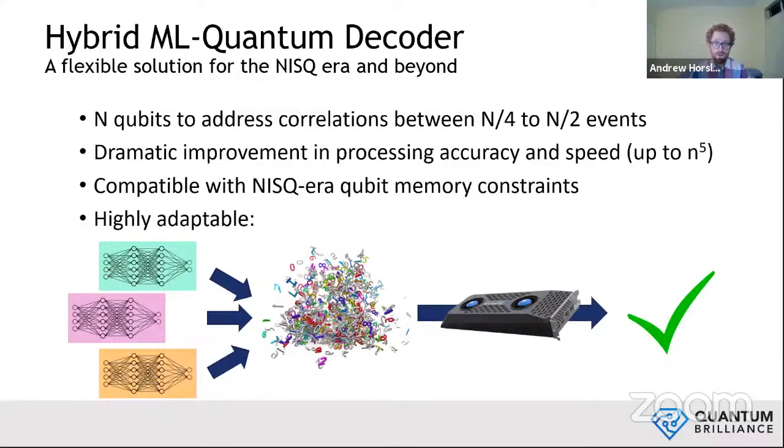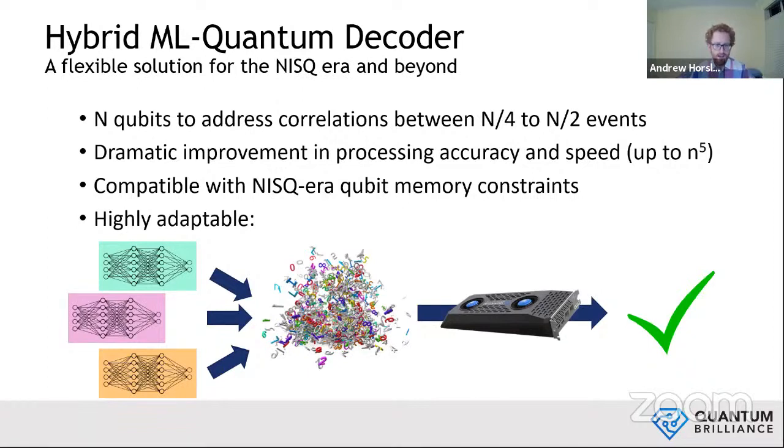And so we're able to use n qubits to address correlations between, depending on the input parameters, n to the 4 to even n over 2 events. So even with 8 qubits, we can match, in terms of chunk size, existing edge computing resources.